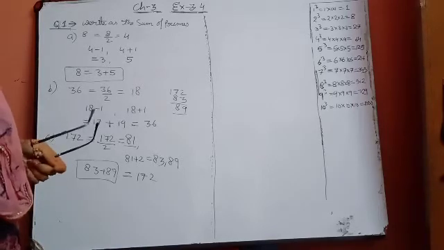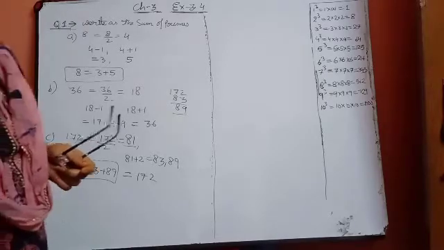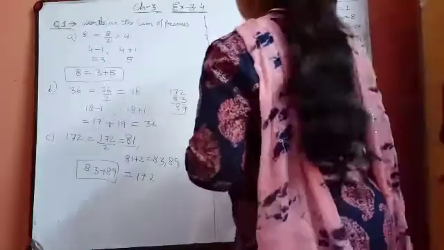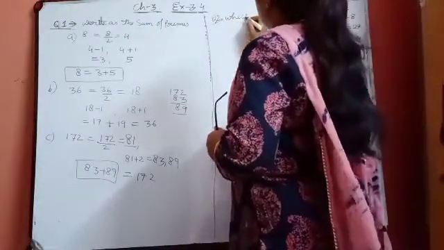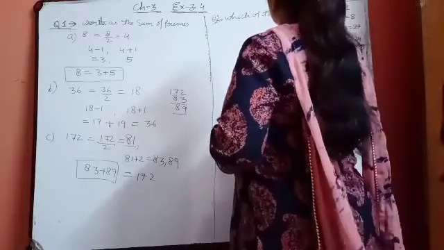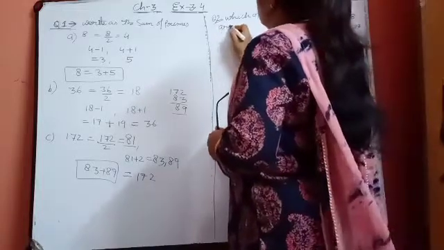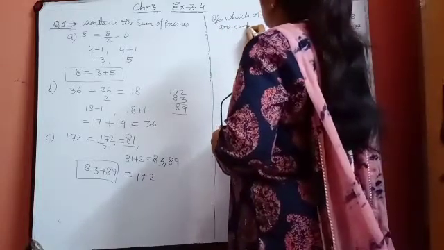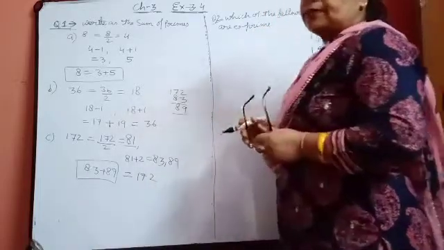Now come to question number 2: which of the following pairs are co-primes? How will you decide co-prime numbers?